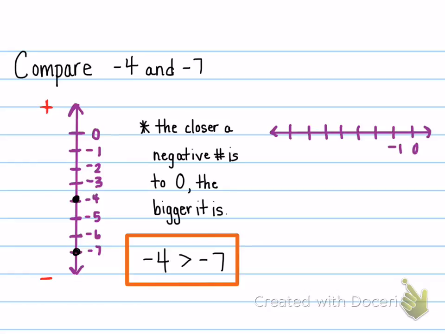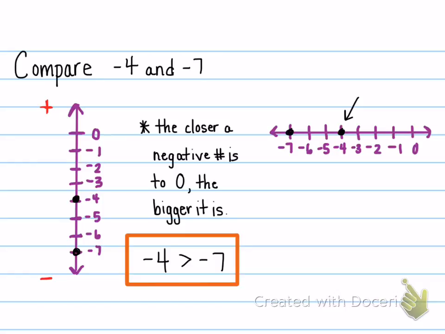Zero, -1, -2, -3, -4, -5, -6, -7. The two numbers that I'm comparing again are -4 and -7. You can see again that -4 is further to the right. Therefore, it is going to be bigger, which gives you the same solution.